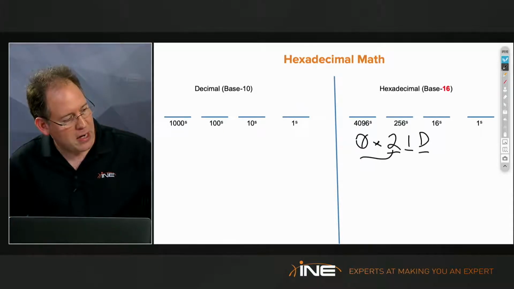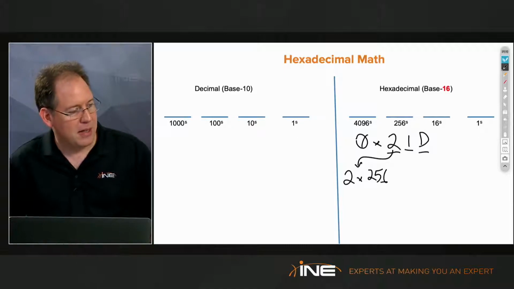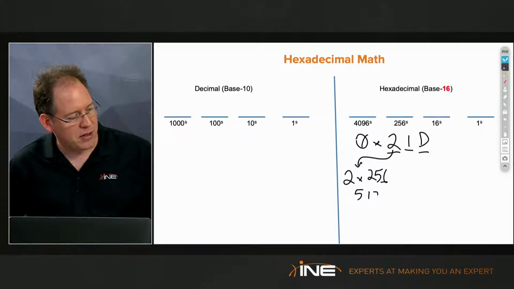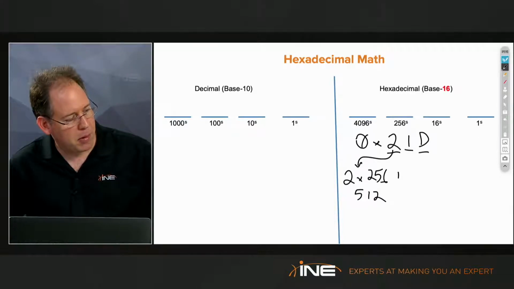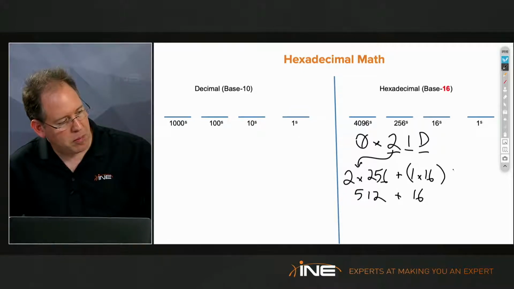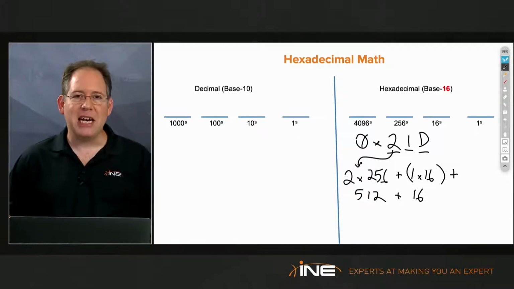So this right here is 2 times 256, because that's in my 256s position, which is 512, plus 1 times 16, which is just 16, plus, now what was D?